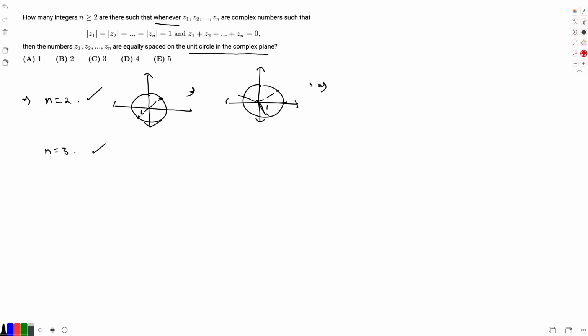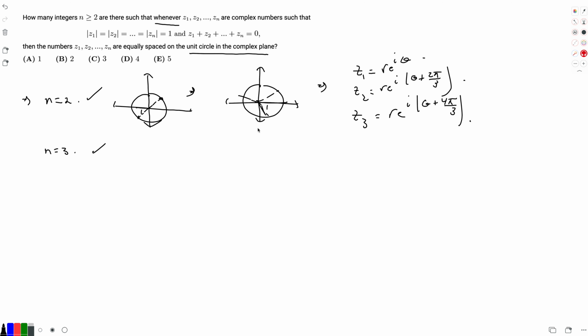So we want to say if z1 is equal to re to the I theta, z2 is equal to re to the I times theta plus 2 pi over 3. Again, just an angular counterclockwise rotation by 2 pi over 3 radians. And then z3 is just this plus 2 pi I over 3, which is 4 pi I over 3. We want to show that only if it's in this format will the sum be 0, because it's pretty clear that the modulus is already 1.